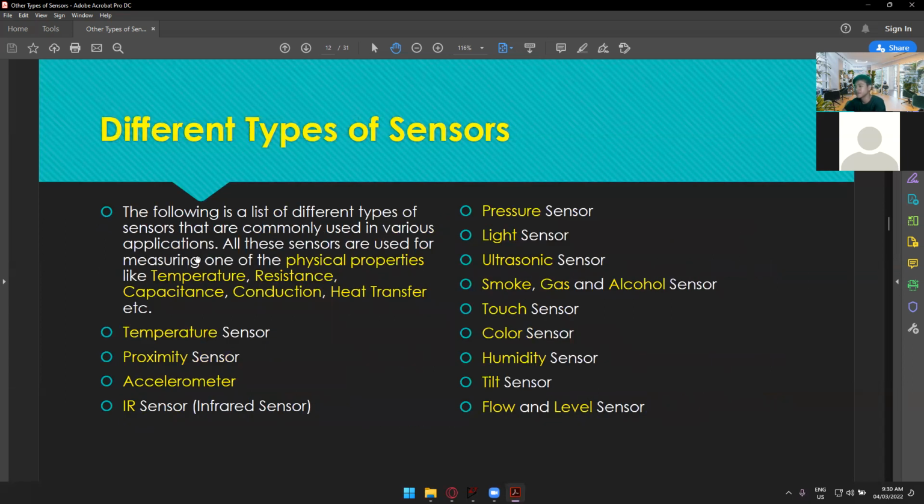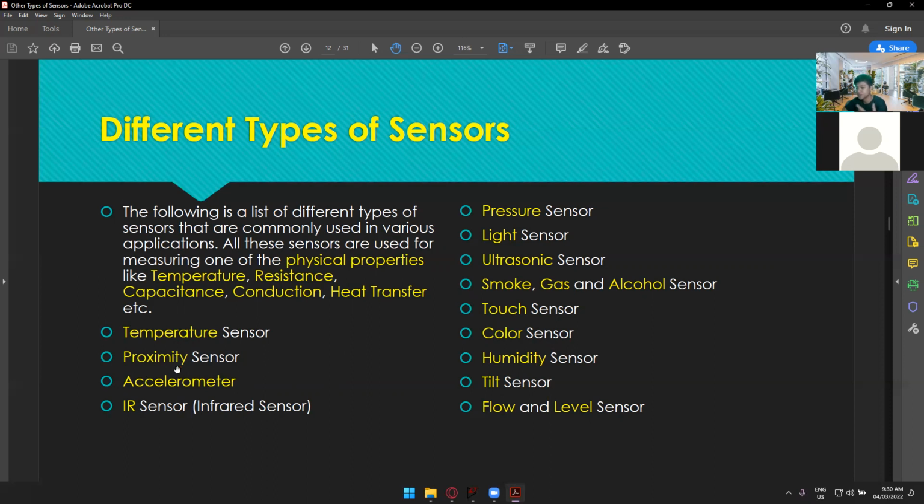Okay, so here are the different types of sensors. Most of these can measure physical properties like temperature, resistance, capacitance, conduction, and heat transfer. These are the common ones, you guys probably already know these sensors.